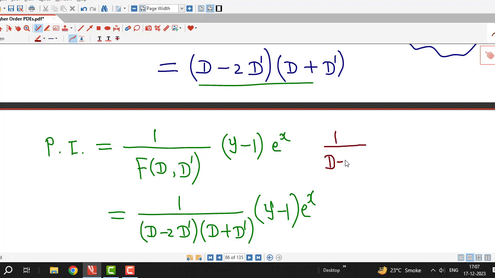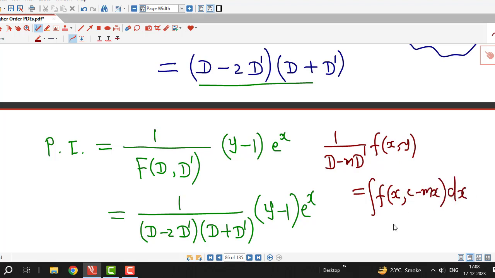We know that 1 over (D minus m D dash) f(x,y) is equal to the integral of f(x,y) by replacing y by c minus mx, integral with respect to x.